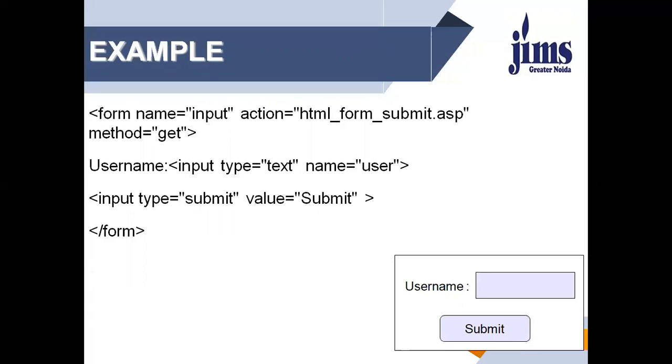When you click on the submit button, whatever data you enter will go to HTML form submit.asp, and the method is get. So whatever value you enter will be displayed in the address bar of the browser.